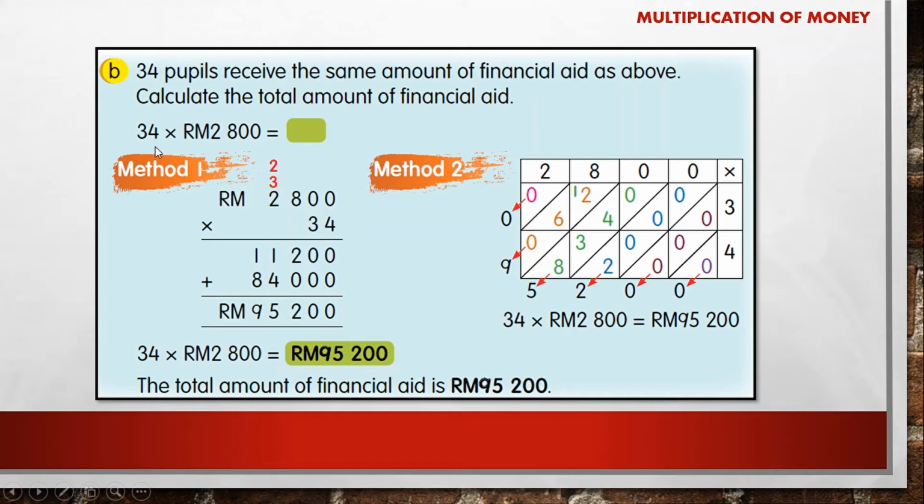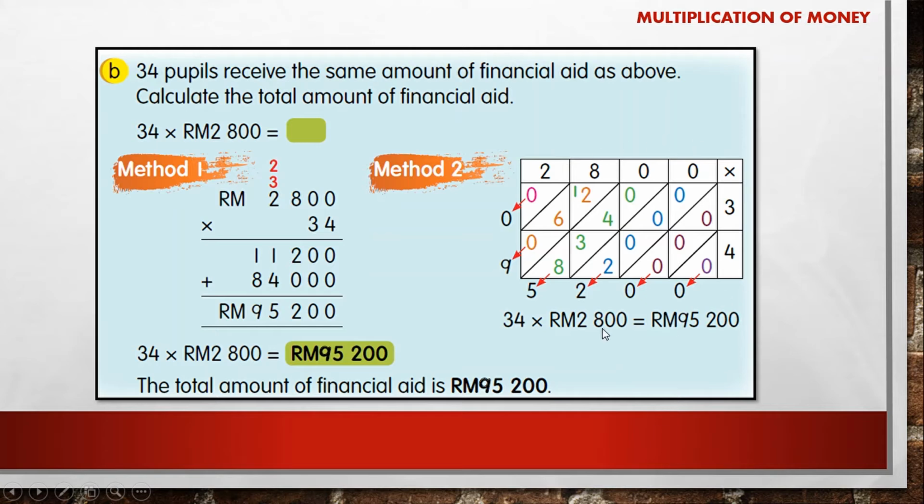Method 1: 34 multiplied by 2,800 equal to. You may use this method. Look at the arrangement, and then you may use the second method.